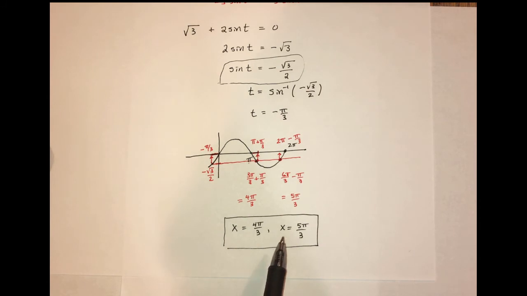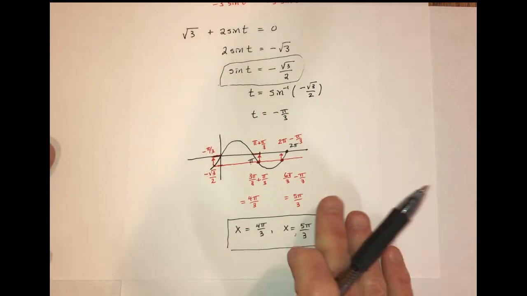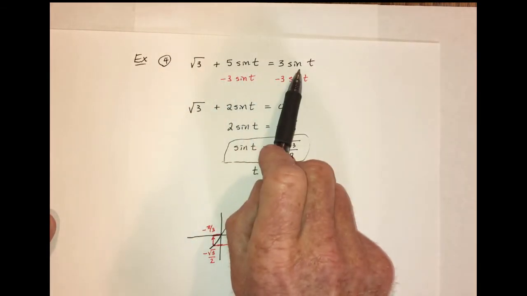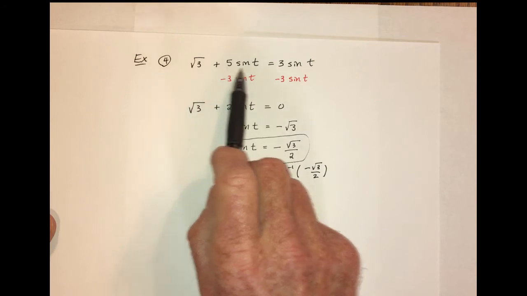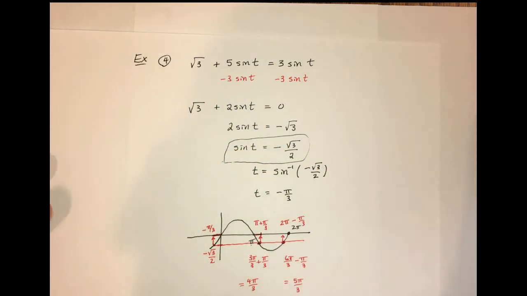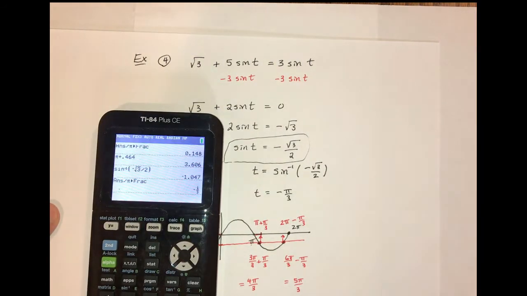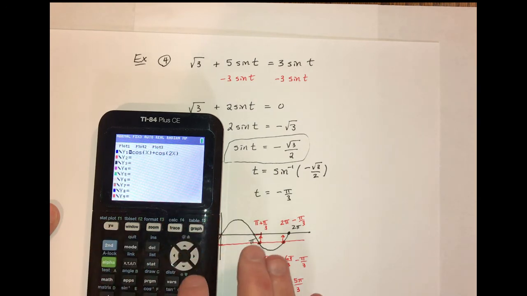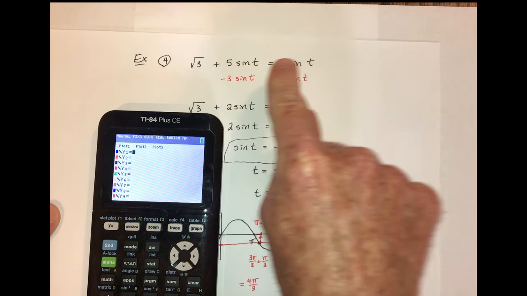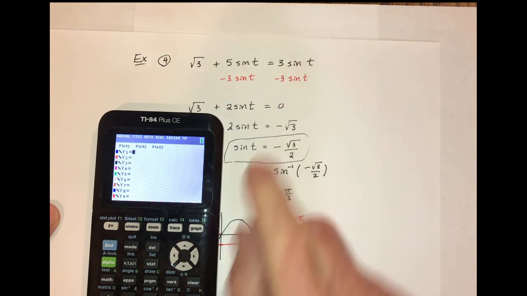Now I want to just randomly pick one of these answers and check and make sure that it's right. So what I'm going to do is take this one and plug it into the original equation. And you can do it on the home screen. You can also do it by graphing. So if I graph this, this is going to be y1 and this is going to be y2.